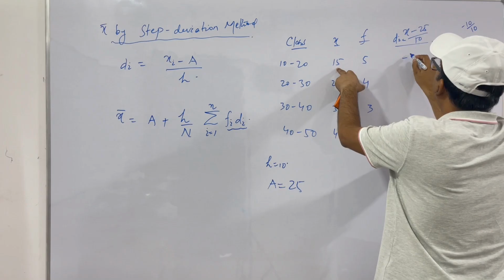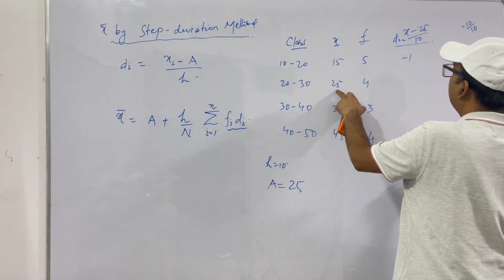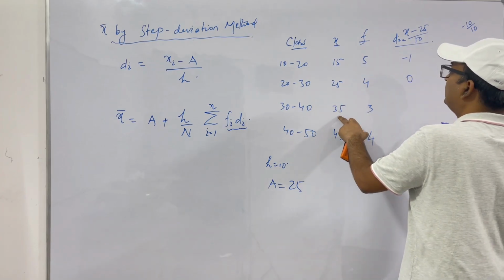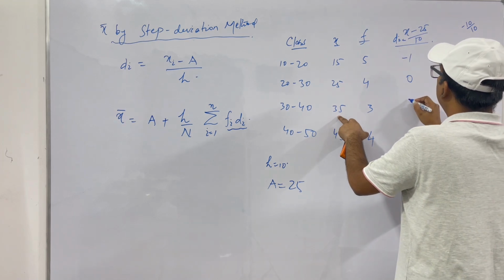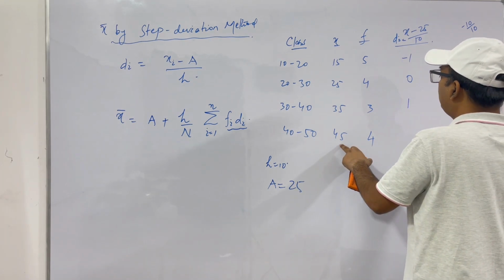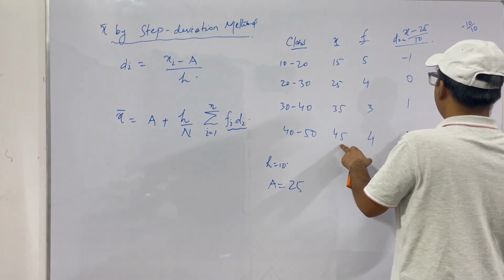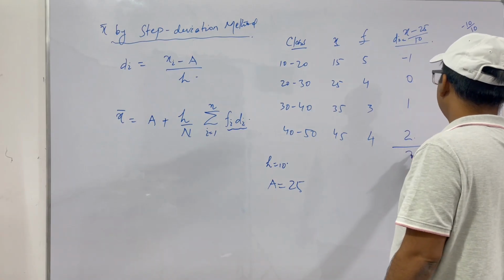So this is minus 1. Then similarly 25 minus 25 is 0, so this will be 0. 35 minus 25 is 10, by 10, so this will be 1. 45 minus 25 is 20, by 10, this will be 2. This is very easy.